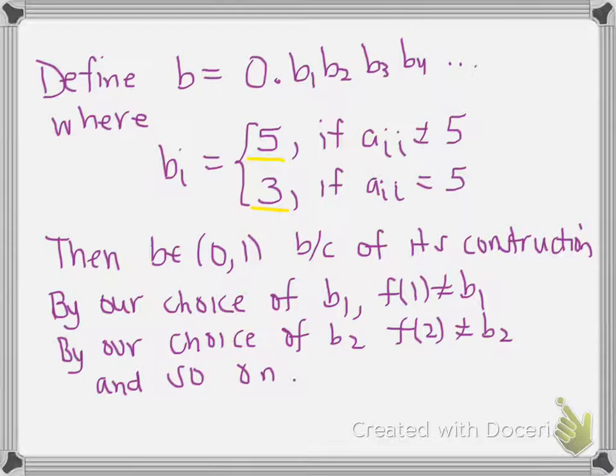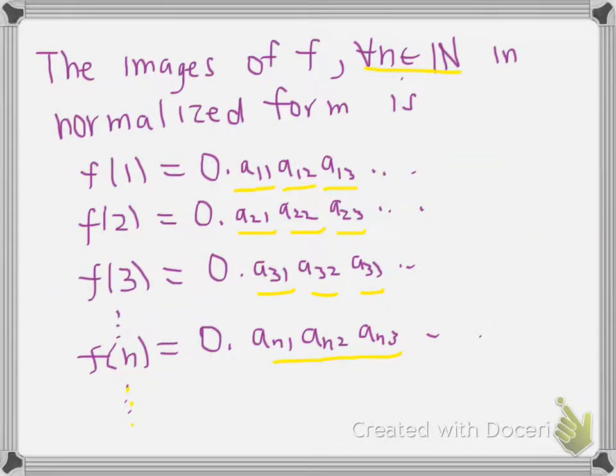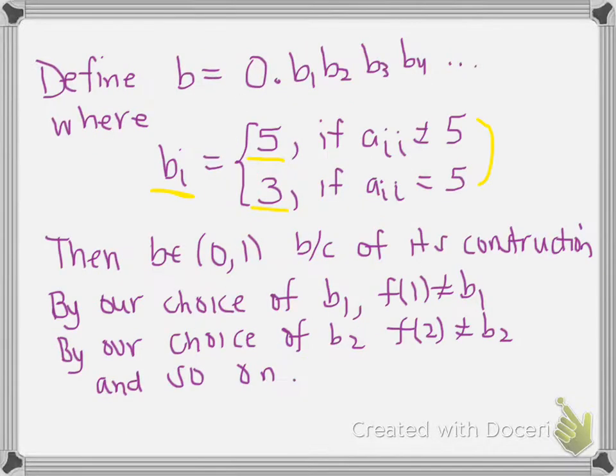Now, how we set this up is interesting, right? So what this is saying, B sub 1, you go look at a_11, right? So you look at this number, and if this number is a 5, then this term is going to be 3.